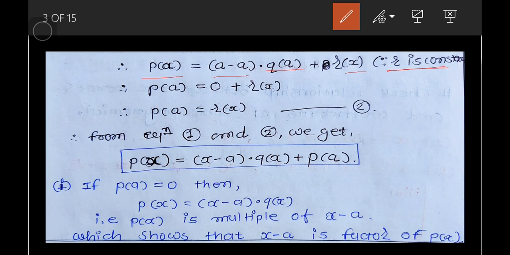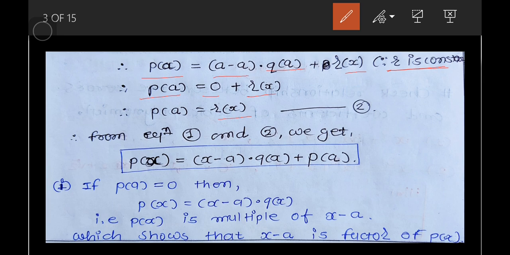In p of a, the term (a minus a) into q of a will be 0, plus r of x, and r of x is a constant number, because the remainder has degree 0, and a 0 degree polynomial is a constant polynomial.